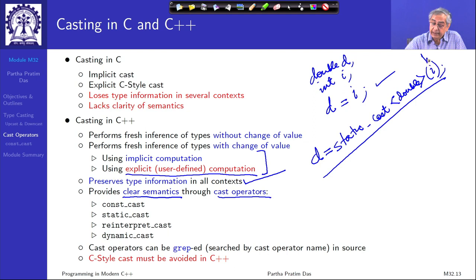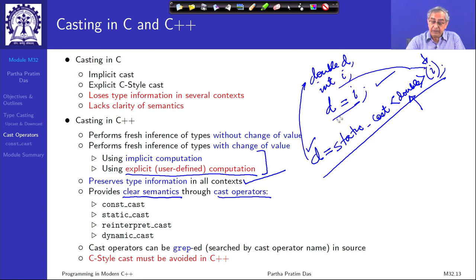It says take this value i, which is defined as int, so you know at this point that i is of type int, and cast it to a double value, which is possible here because you know that the type of d is double.